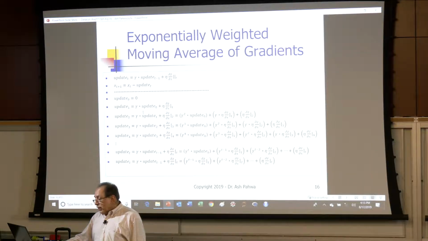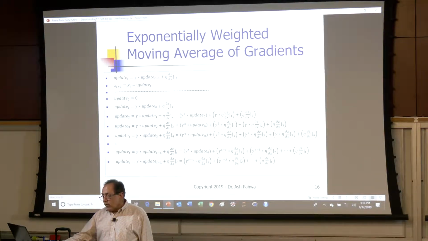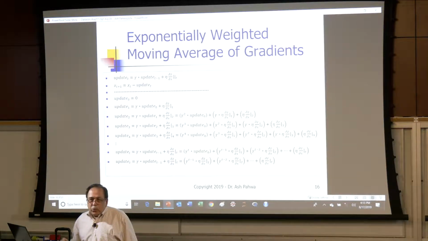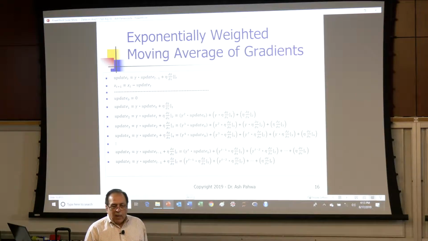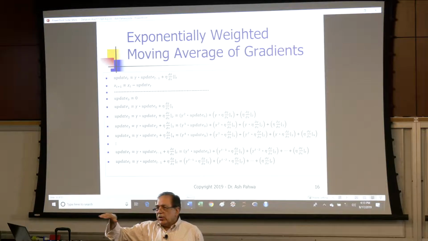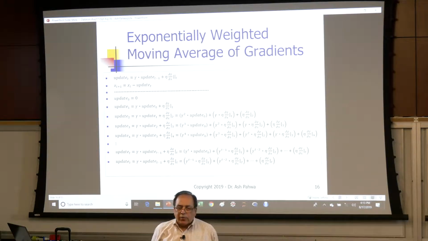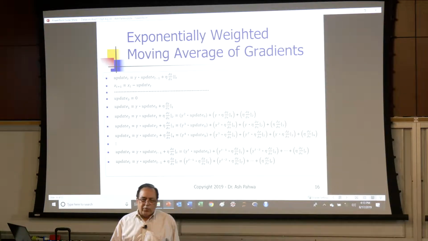Similarly, you can generalize this whole thing, and as you can see, update t comes out to be a polynomial in gamma. So that is basically the equation that we are going to get. This way we can solve that problem. If I get stuck on a surface which is flat, I have enough fuel left at that time that I can ram it through and cross those points.